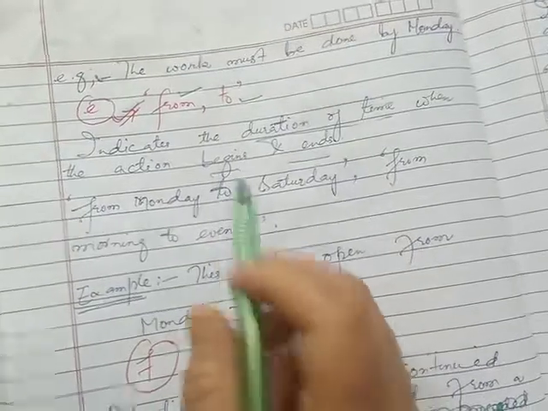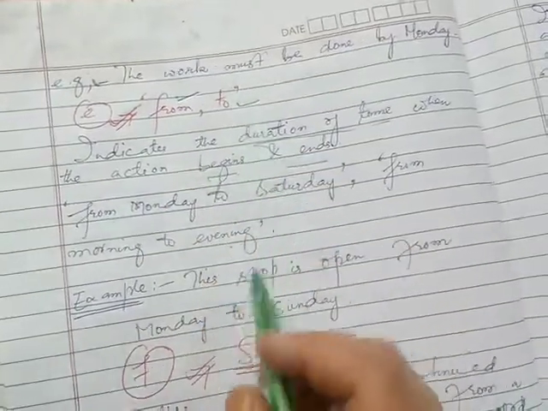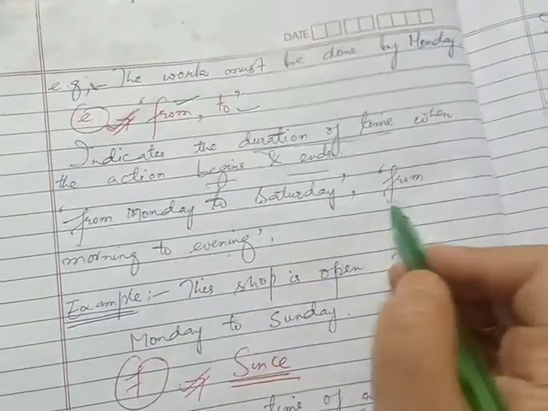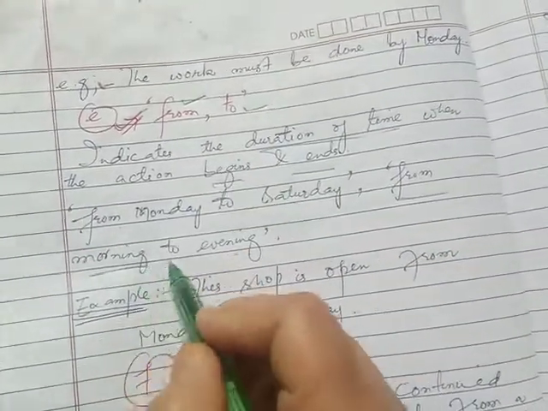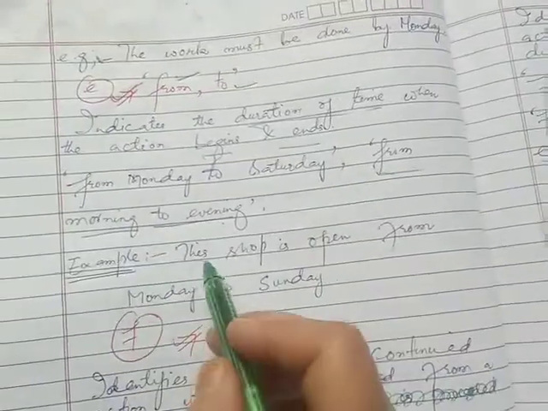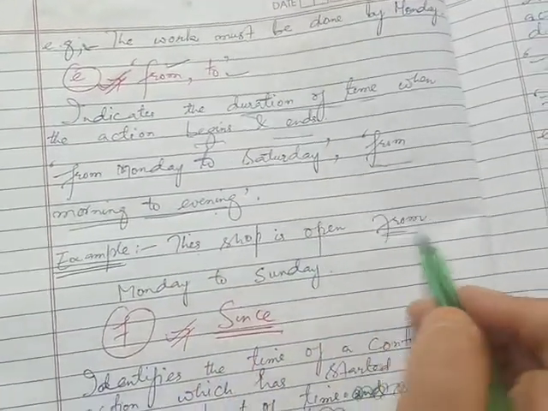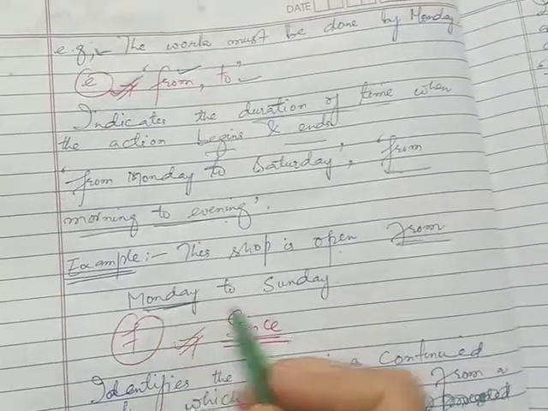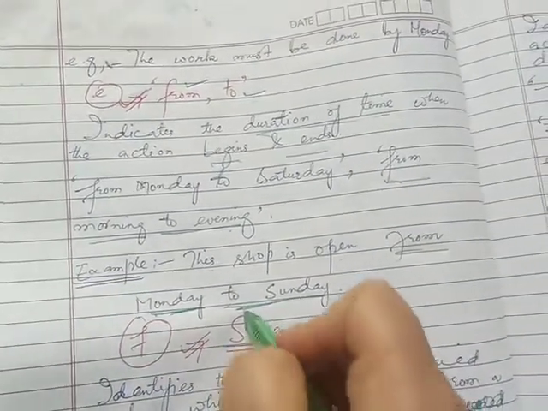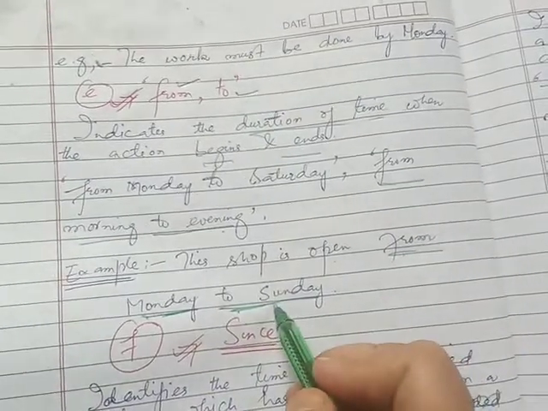So this preposition indicates the duration of time when the action begins from morning and ends in the evening. For example, this shop is open from Monday, the starting point, to Sunday, the end. Okay, so this is all about from and to.